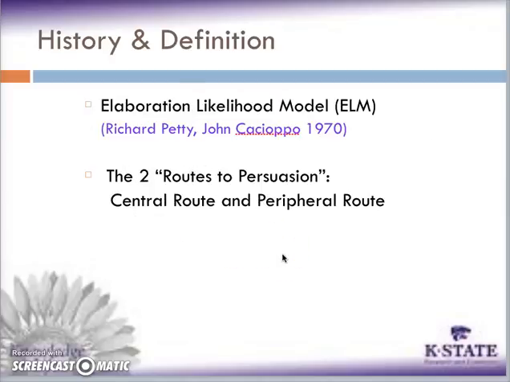Elaboration likelihood theory, also known as ELM, was developed by Richard Petty and John Cacioppo in the mid-1970s. They summarized many empirical studies testing its various propositions. This theory incorporates some aspects of cognitive response theory, but goes considerably beyond it.